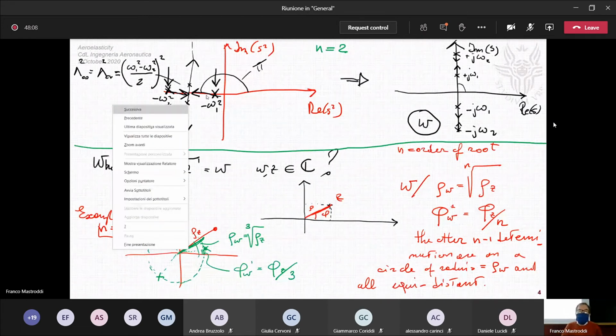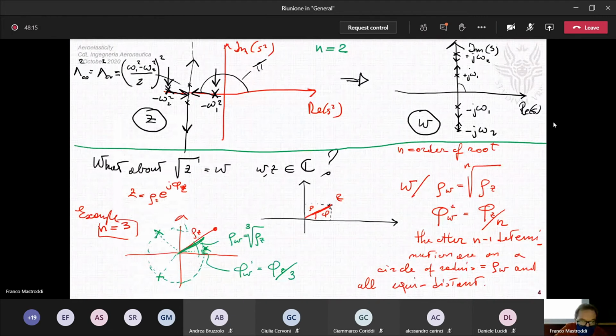But what happens corresponding to the S plane? Okay, so now we are studying this position here and this position here. After this, we want to study this complex number here. What happens to this complex number here? You have this complex number.